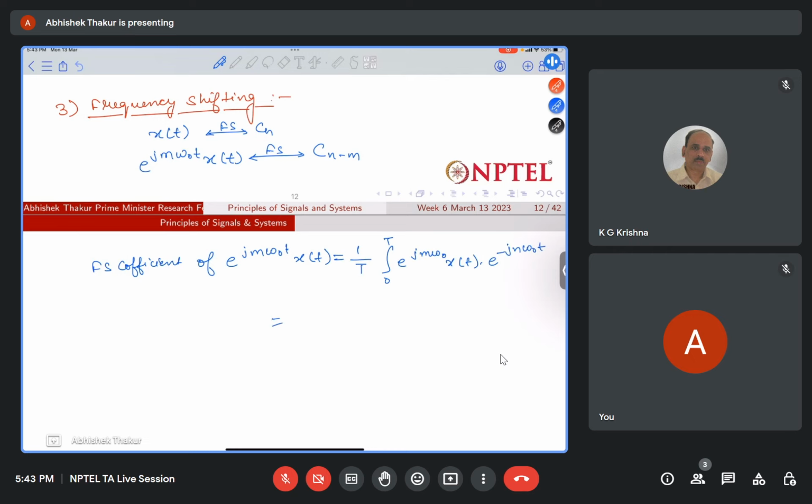So when you do this, you will get 1 by t integral from 0 to t. Here we will take xt separately, and e to the power of minus j n minus m omega naught t.